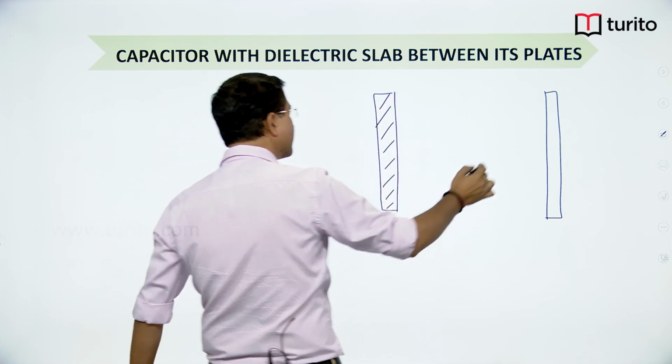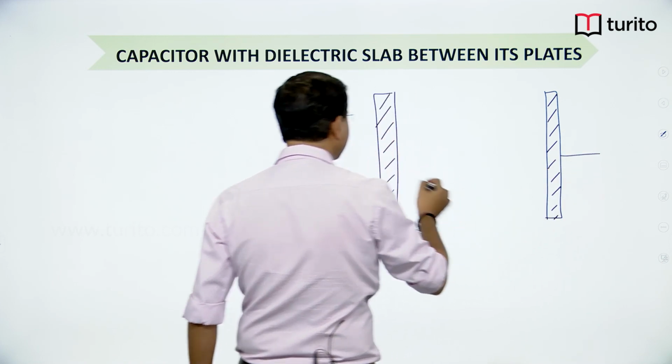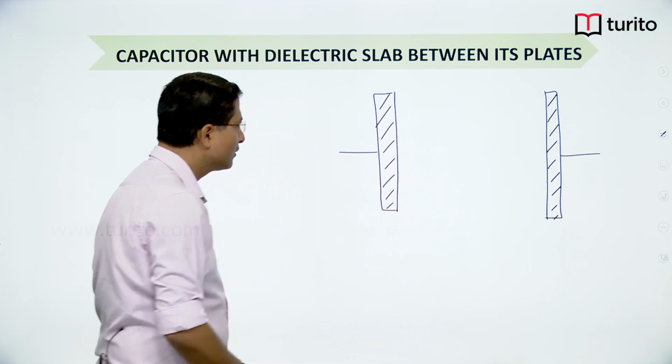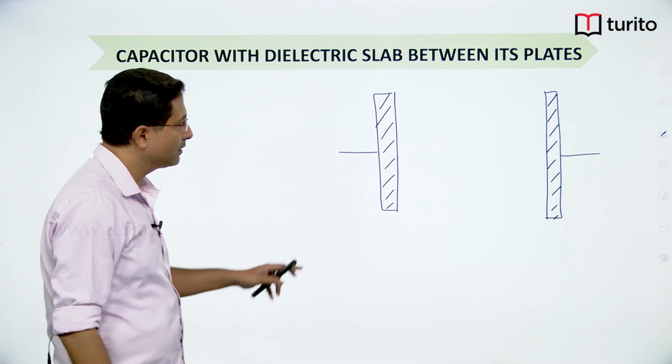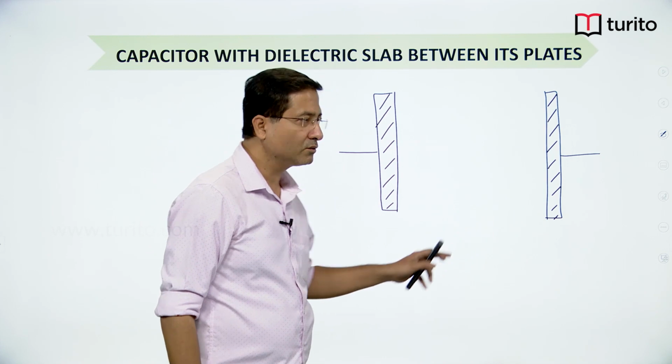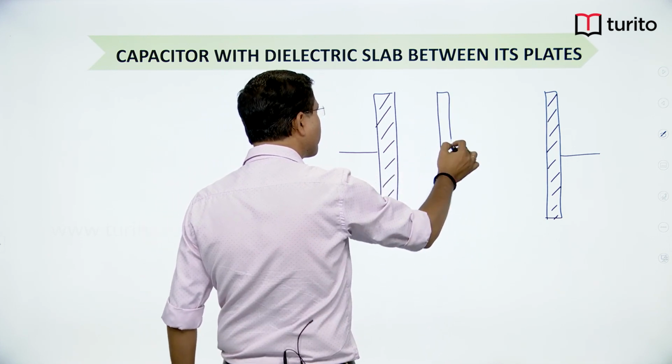So, these are two conducting plates of a capacitor and I inserted a structure in between these two, of this shape.